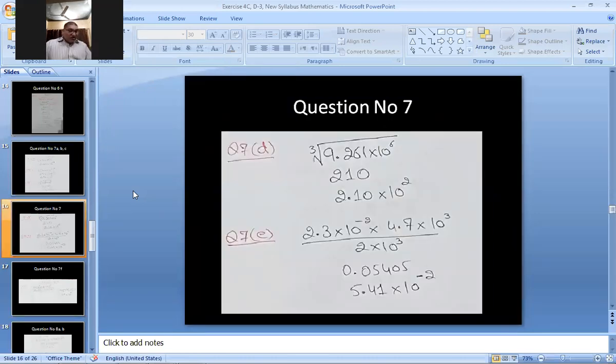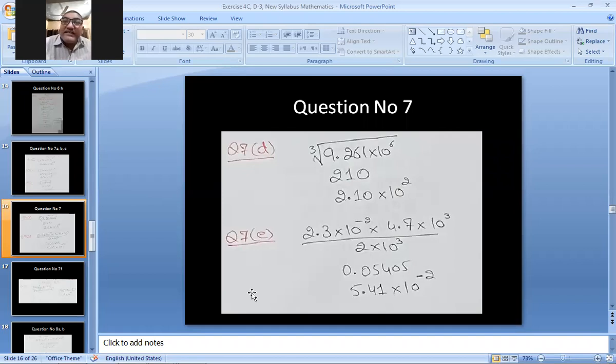Okay, question E is on your screen. Here all the terms are multiplying or dividing with each other. So you will enter 2.3 expo minus 2 multiplied by 4.7 expo 3 divided by 2 expo 3, and equals, and you get this answer: 0.05405. The final answer is 5.41 expo minus 2.